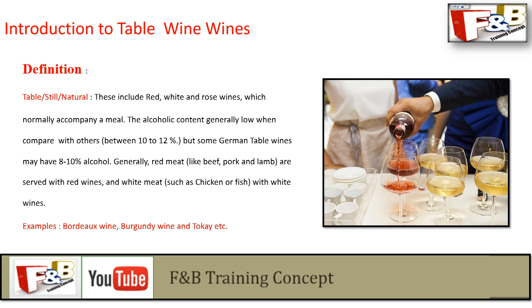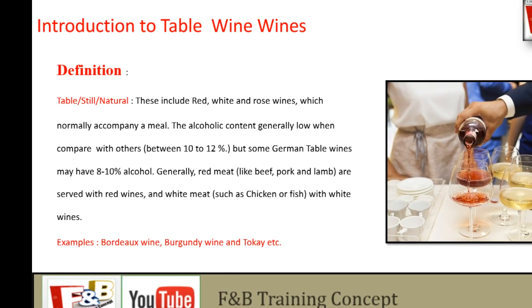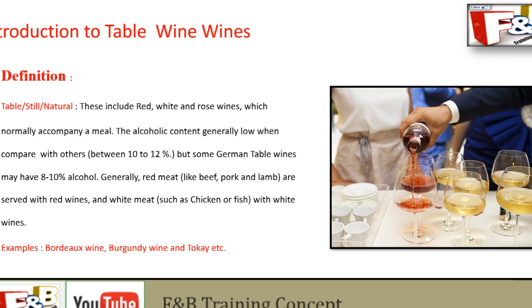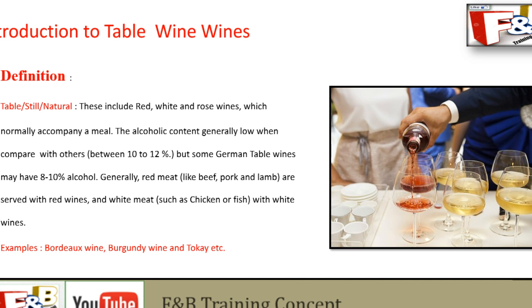Here we are. Okay, so looking at the introduction of table wines, what do we mean by table wines? Table wines will be referred to sometimes as table wines, still wines, or natural wines. Why are they referred to this way? Because the fresh grape juice is fermented, we get the wine, and there's nothing else added to it.